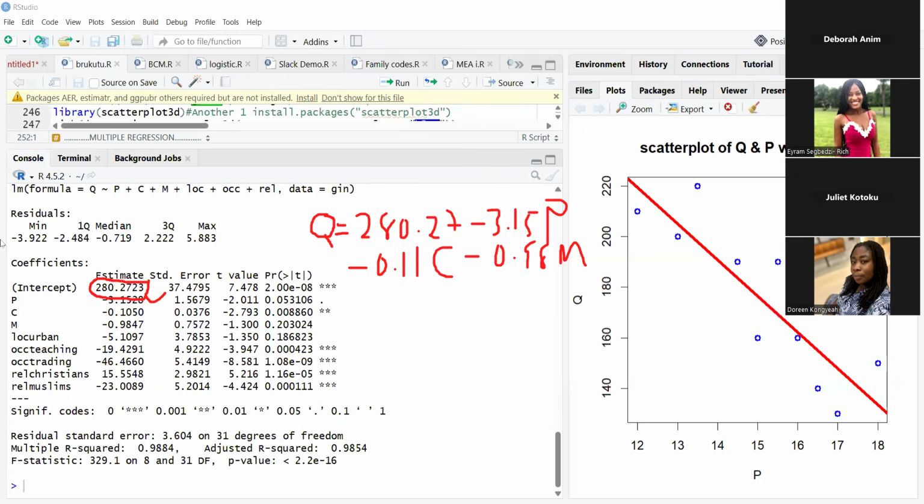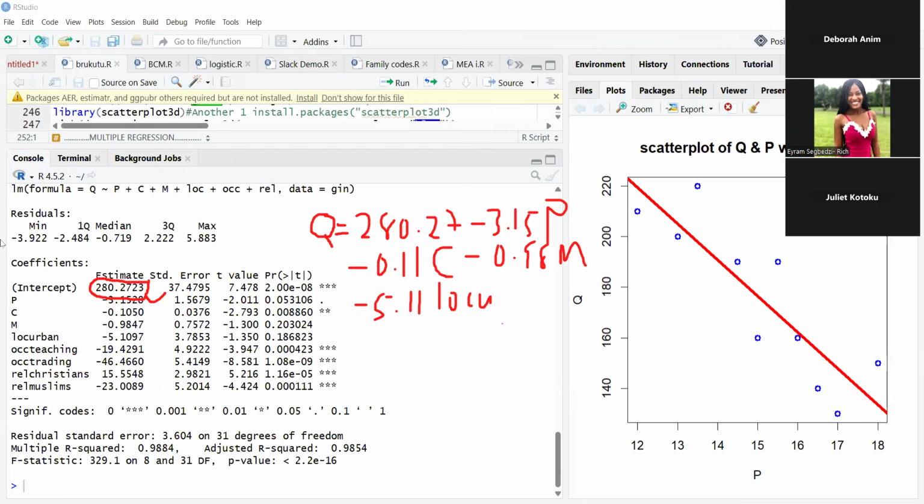Juliet. Minus 5.11. Minus 5.11 what? Log urban. So you have to write it exactly like that.